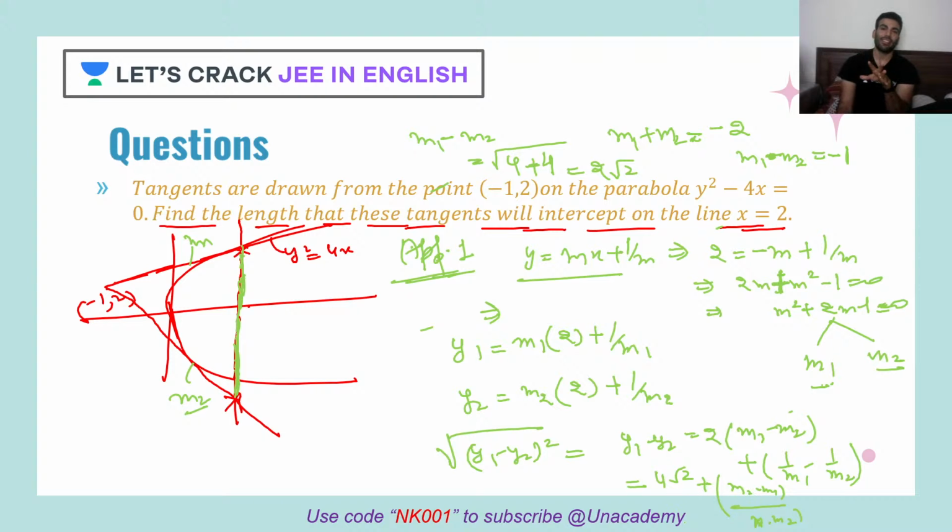Now tell me this, because this is a very interesting aspect. What will you write? Minus 2 root 2 or 2 root 2? Tell me guys, what do you think? Because that will be something interesting.